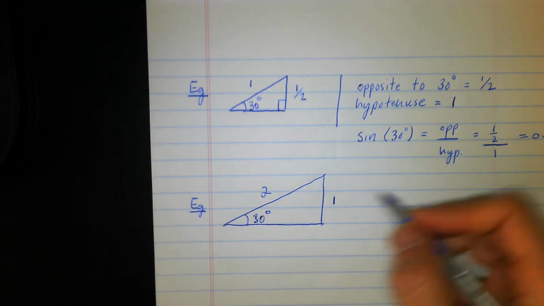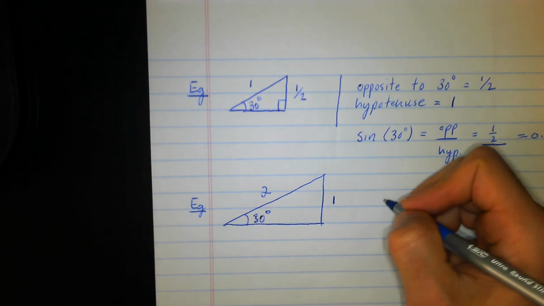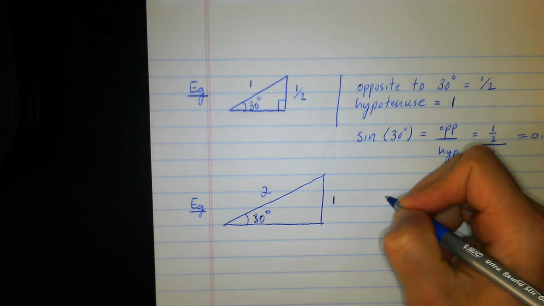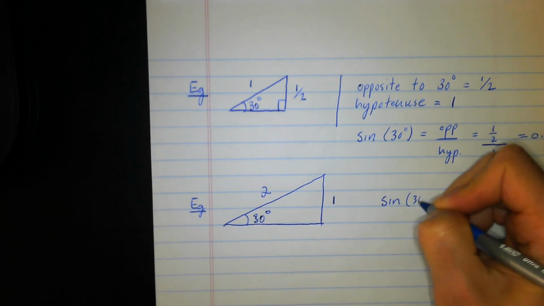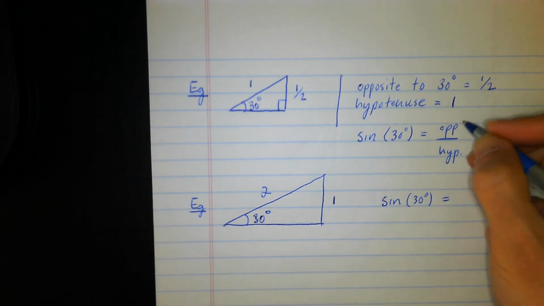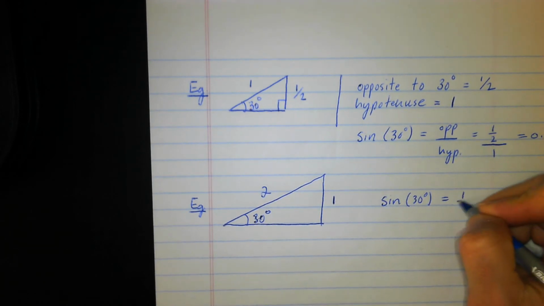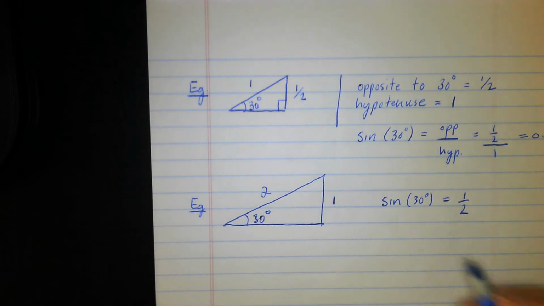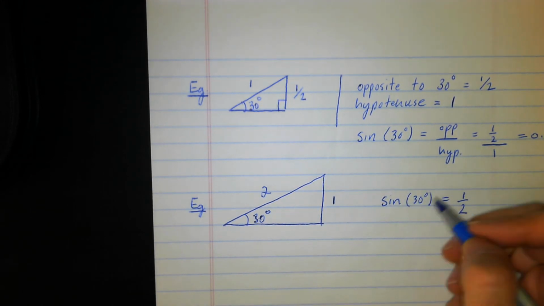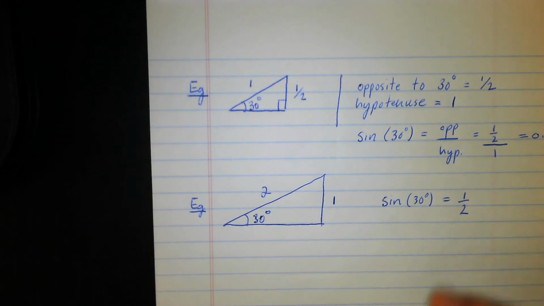And again, if I did sine of 30 degrees here, which is opposite over hypotenuse, I would still get 1/2. So these trigonometric functions just tell us the ratio of the sides. They don't actually tell us the value of any one side. And we're going to use this to solve triangle questions.